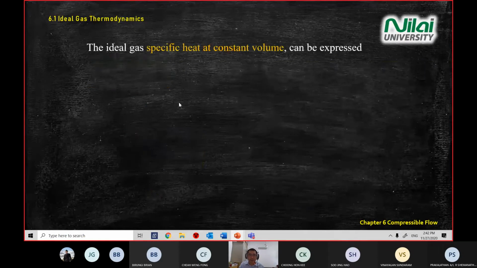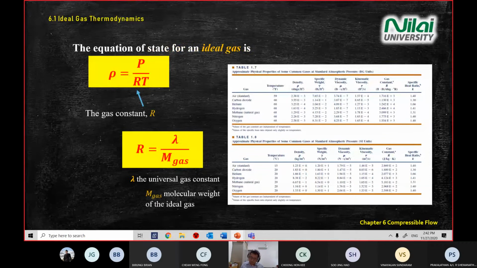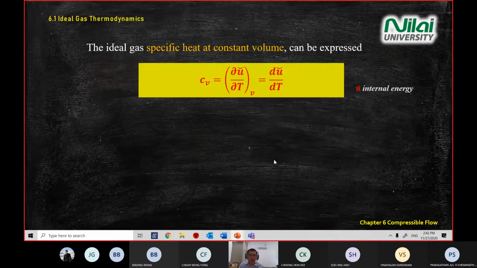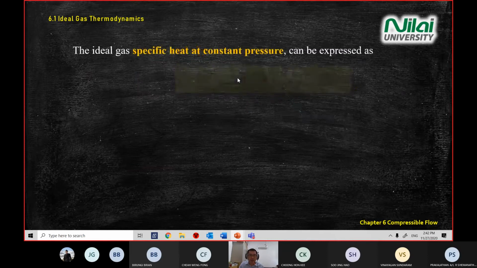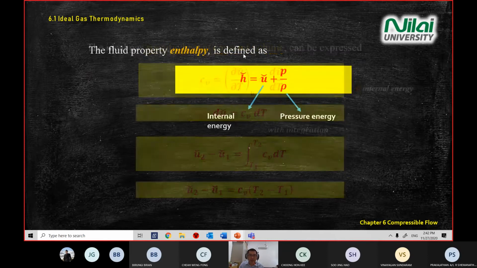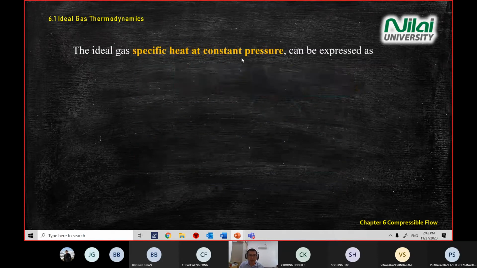Okay, so I think at least by your side you should already have table 1.8, this one. So later on I will ask you a question about this table. Okay, and then we have covered what is CV, which is specific heat at constant volume, and another one is the specific heat at constant pressure, which is this one.